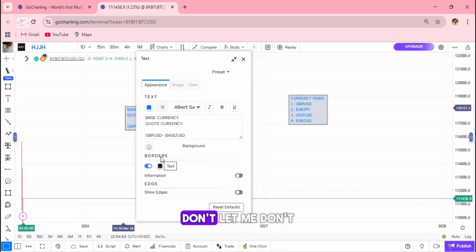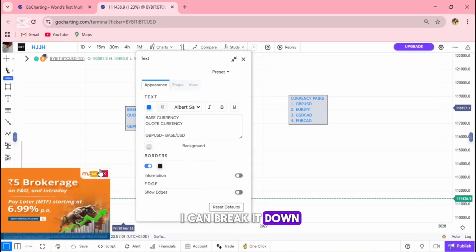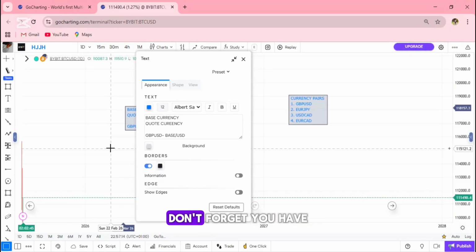But you know what? Let me not make this too complex. Let me see if I can break it down. If you have your GBP with you and you want to trade in the forex market, don't forget you have two currencies that come together as a pair.